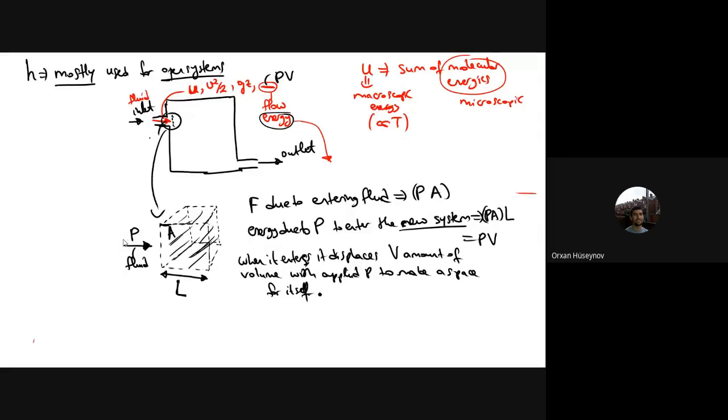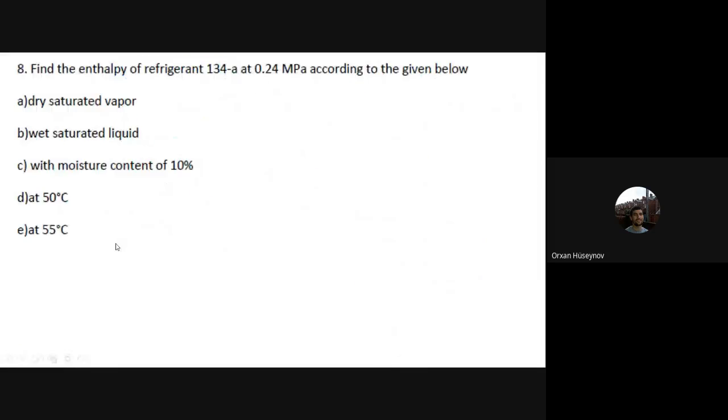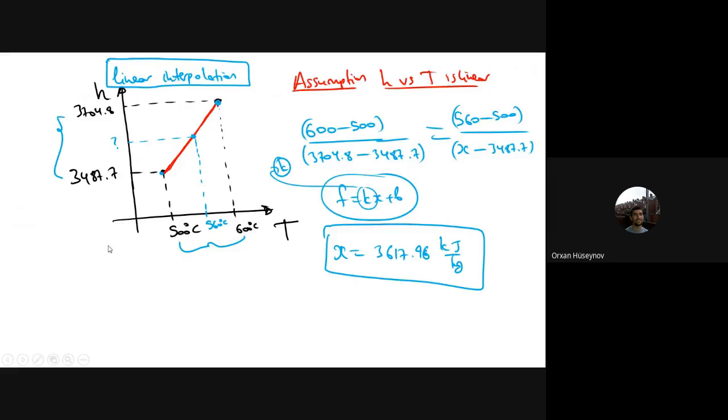So I will continue from the last point where we have talked in our previous lecture, and we have said that we can do linear interpolation for the tables. If you have two values in the table, for example, the value for 500 degrees Celsius and 600, and we didn't have any intermediate value, we assume that the points between 500 and 600 lie on a linear graph.